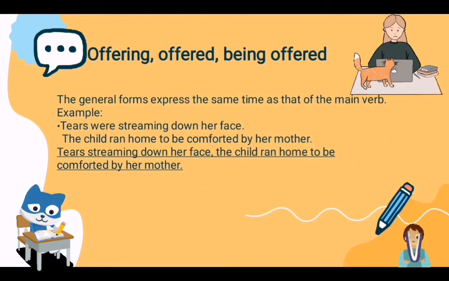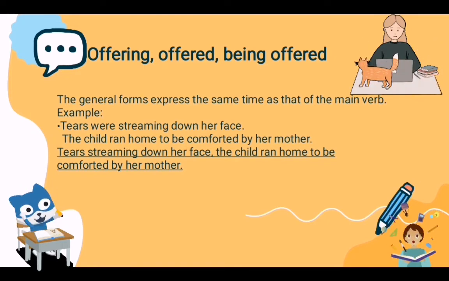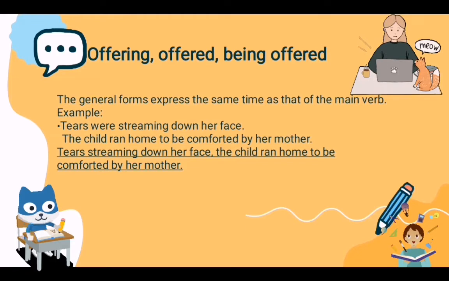Selanjutnya, there are offering, overt, and being overt. The general forms express the same time as that of the main verb. For example, we can see there are two sentences on the slide.